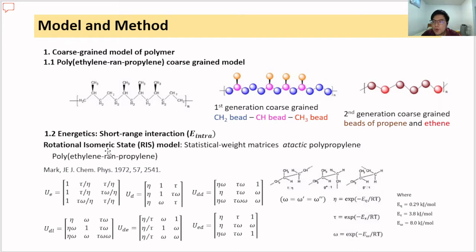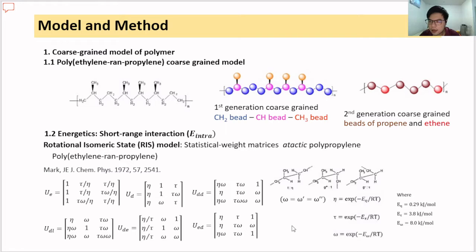So first of all, we make the coarse-grained model, grouping either an ethylene or propylene unit into one coarse-grained piece. We then represent this coarse-grained chain using the rotational isomeric state model to define the short-range intramolecular interaction.